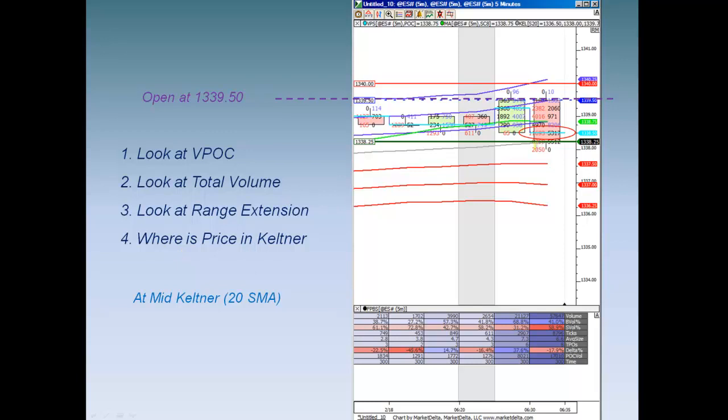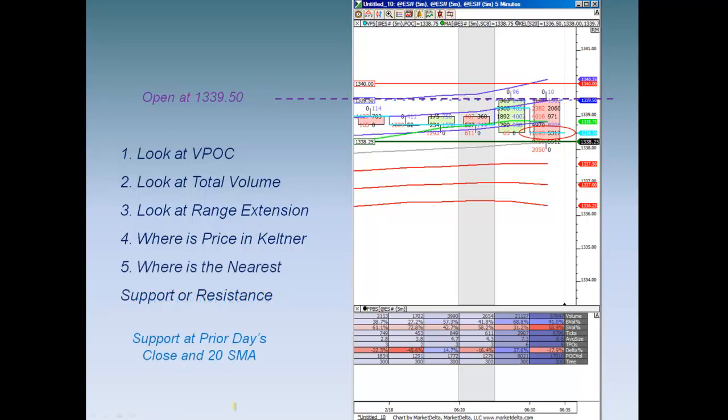All right, now where is the price in the Keltner? Right now the price is right at the center of the Keltner, and it's being pushed downwards. And remember, the mid-Keltner is the 20 simple moving average, as we have mentioned earlier. Alright, the last thing that we want to look at is where is the nearest support or resistance for price?